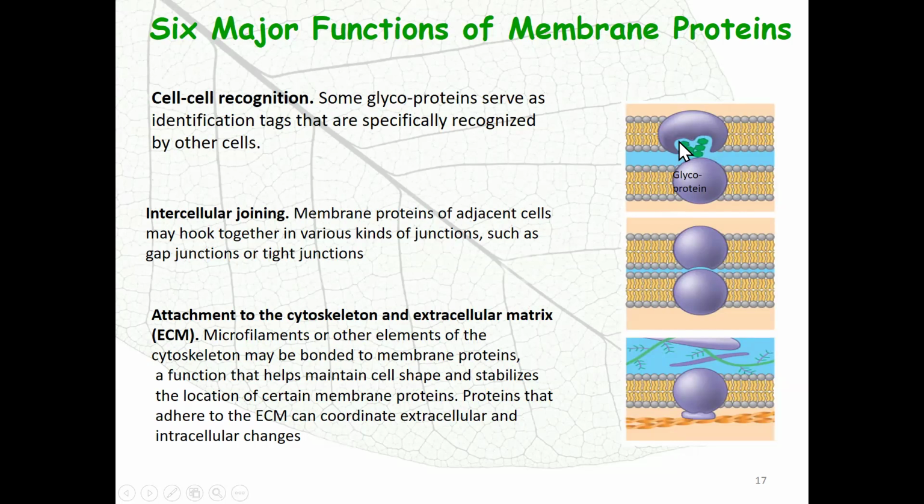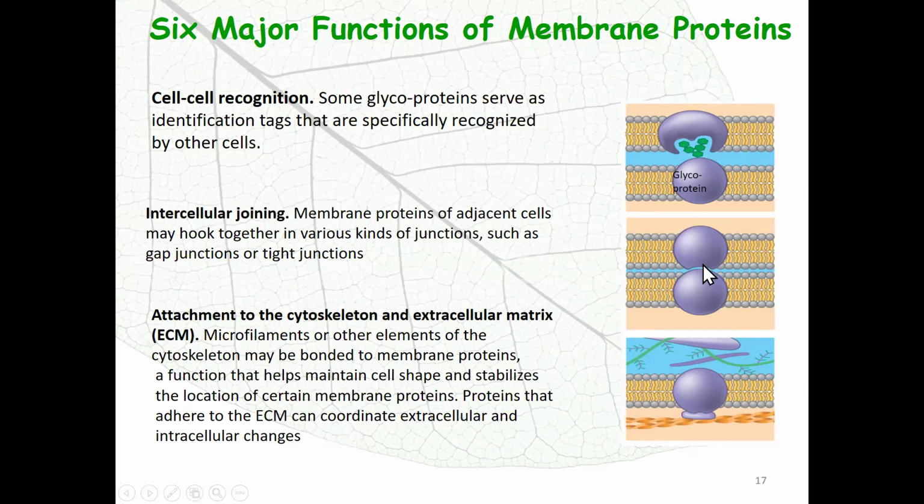Here you can see sugar molecules, and they help communicate with the neighboring cell through these proteins, recognize the cell, and exchange information from one cell to another. These plasma membrane proteins are called glycoproteins. Previously I told you about receptors. So glycoproteins are involved in the cell-to-cell recognition system.